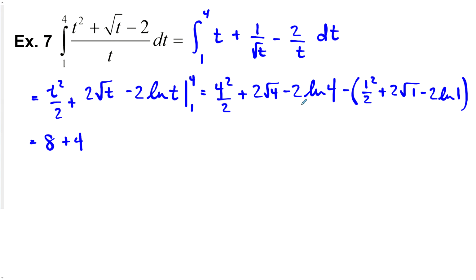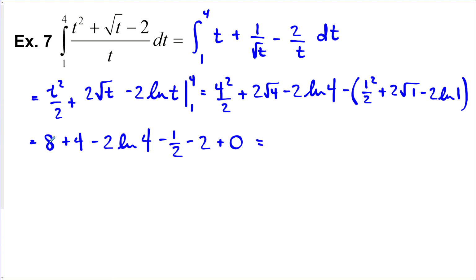We've got to leave this one like this. There's nothing we can do with that. We've got minus 1/2. And we've got a 2 here, and it's got a negative, so minus 2. And the natural log of 1 is 0. So I'll put a 0 here, just so you know where it went. But we're going to get rid of that in the next step.